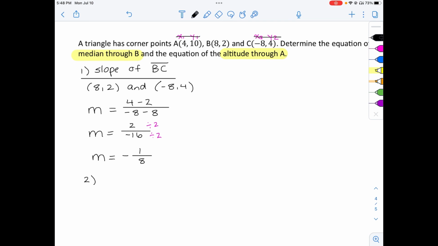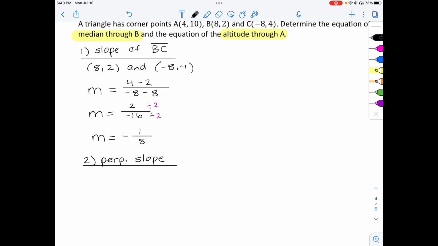Then what I need to do is find the perpendicular slope. Again, I do that by finding the negative reciprocal. So I'm going to flip my fraction and change the sign. So if m is -1 over 8, then my perpendicular slope, which again I show like this, is equal to, I'm going to flip the fraction like I said, 8 over 1.